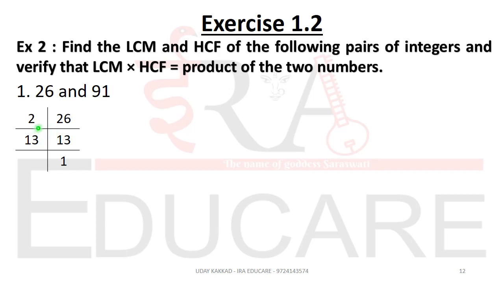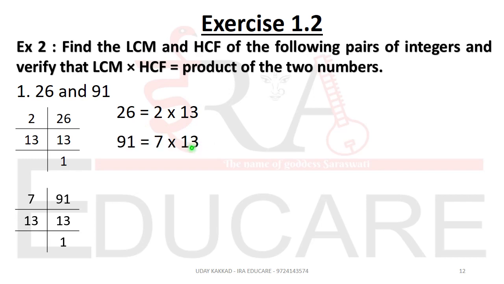Now the factors of 26: 13 2s are 26, and 2 and 13 are prime numbers, so they cannot be divided further. And 13 7s are 91. So 7 and 13 are also prime numbers, so they cannot be factorized more. Now I can write 26 as 13 times 2 and 91 as 13 times 7, right?